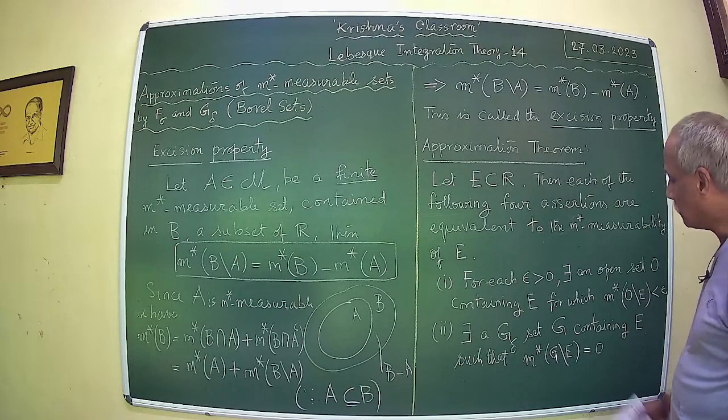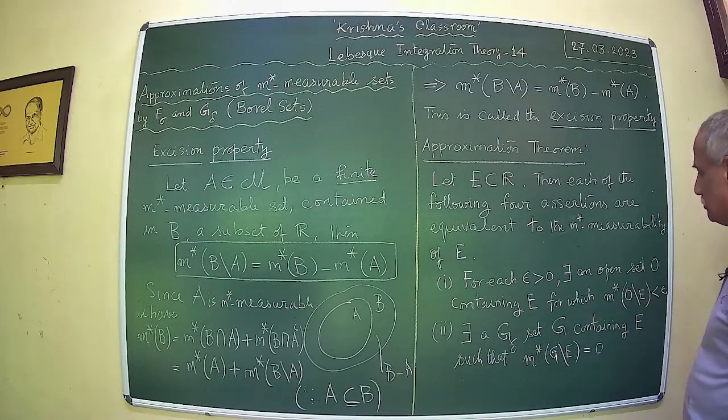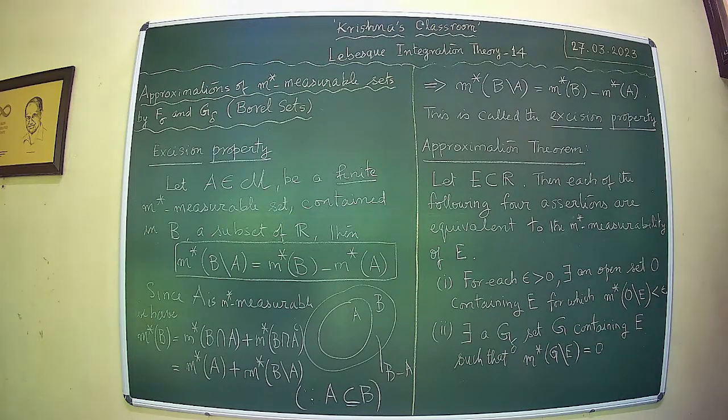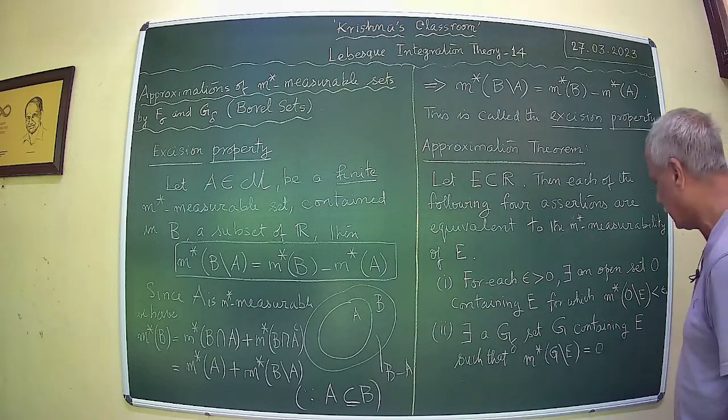And what you can prove in that case is that there exists a G delta set G containing E such that M star of G slash E equals 0.